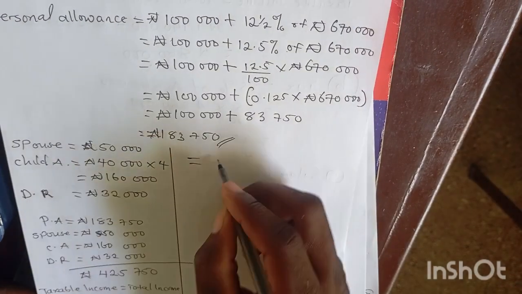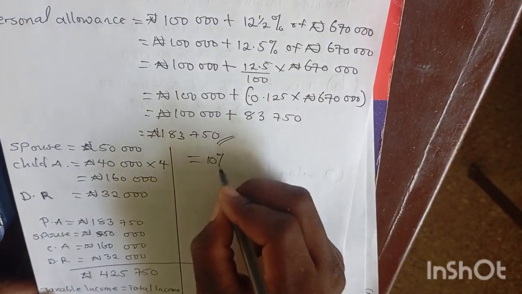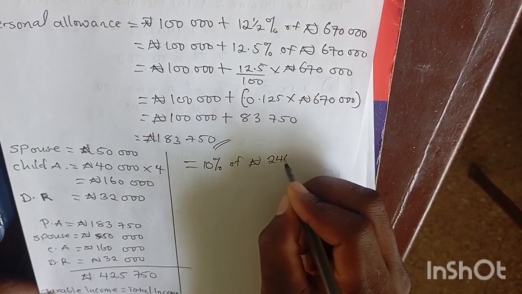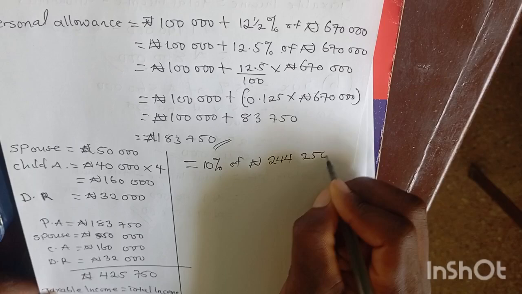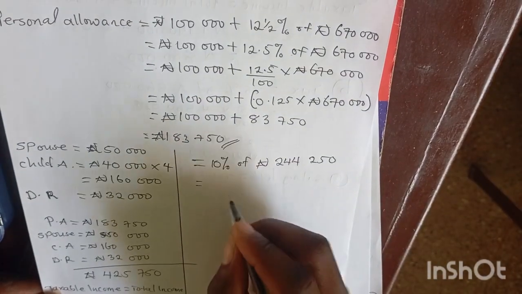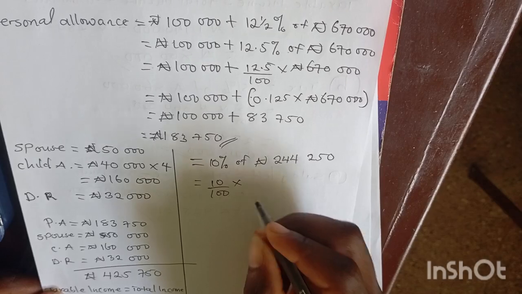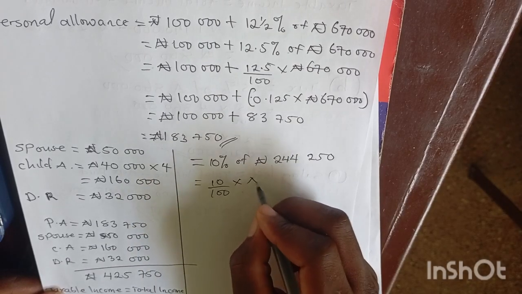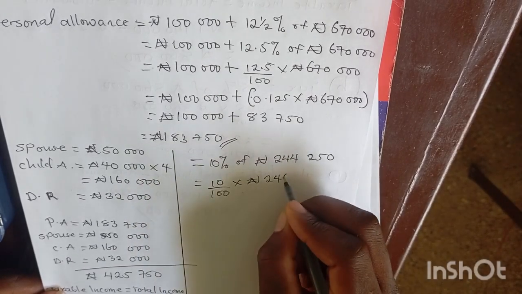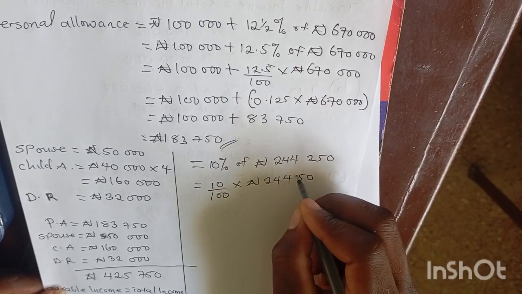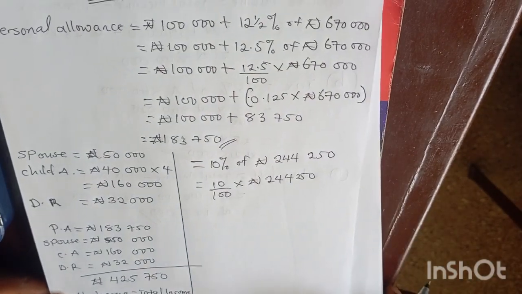So now we are going to say, 10% of 244,250 is the same thing as 10 over 100 times 244,250.